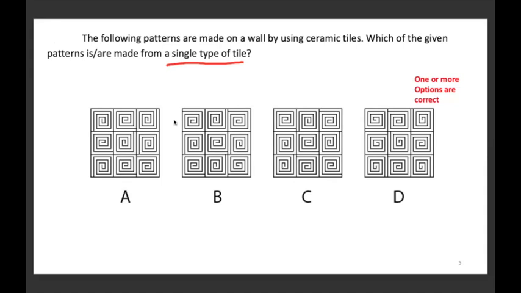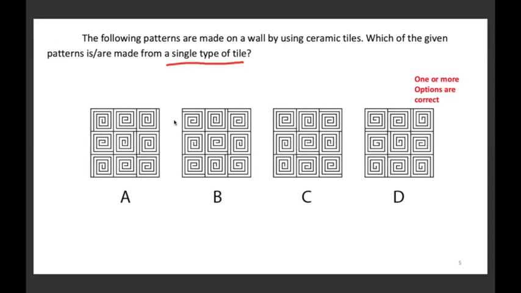So what could have changed is the flipping part. It's a ceramic tile, so you cannot flip it, you cannot mirror it on any axis. So we have to identify indirectly which option has mirroring done for this particular pattern. Or it may have also been modified, but in this case it's mostly mirrored.